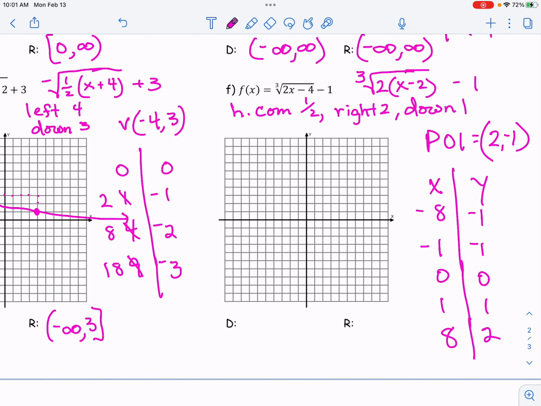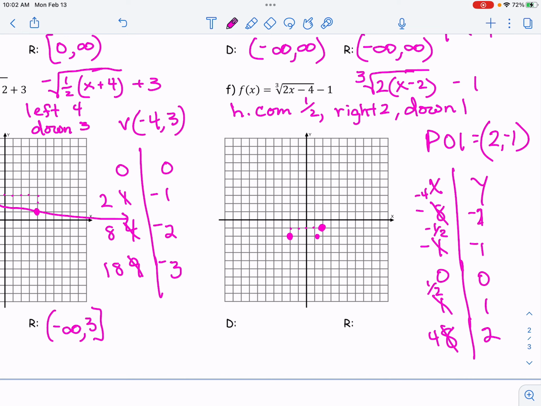It's been horizontally compressed, which means that's going to change my x. This would be -4, -1/2, 1/2, and 4. Point of inflection is going to be 2, -1. I'm going to go left 4, down 2, left 1/2, down 1. Uh-oh, I messed up.